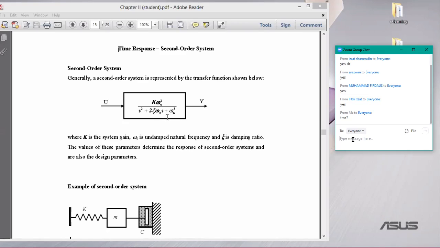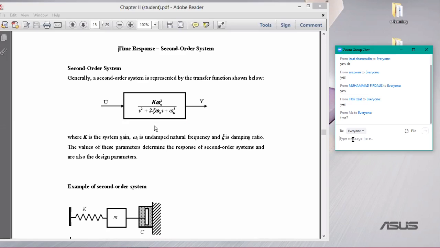These parameters are actually properties of the system. Depending on whatever mathematical model we have, K, omega n, and zeta represent some physical quantities.